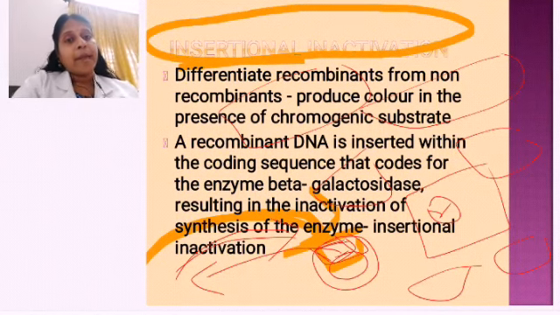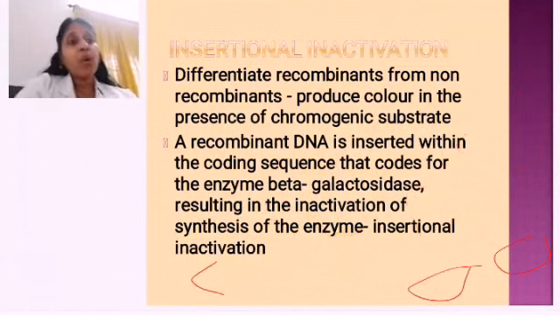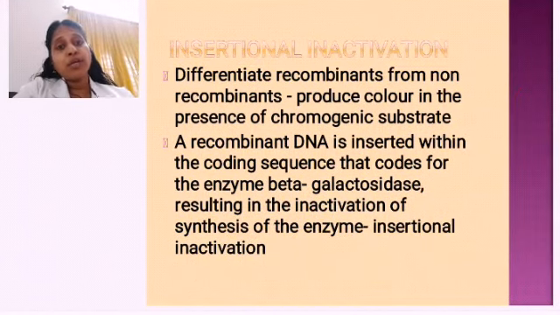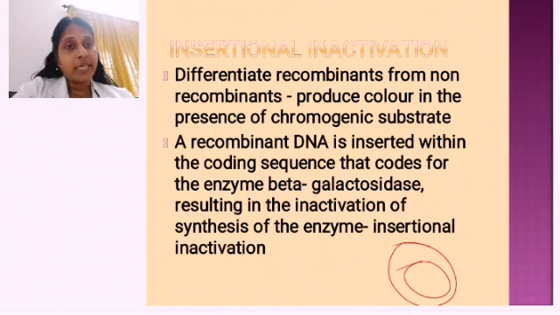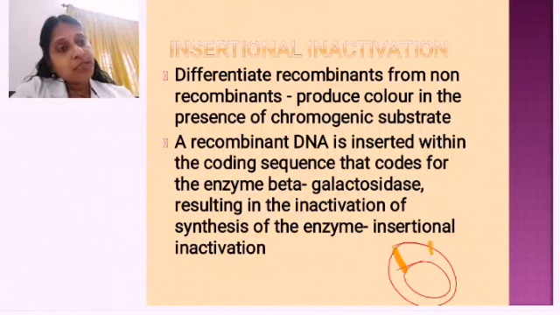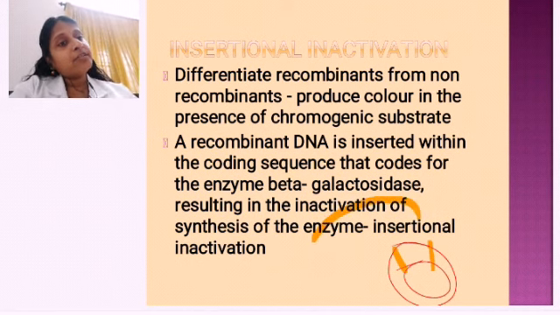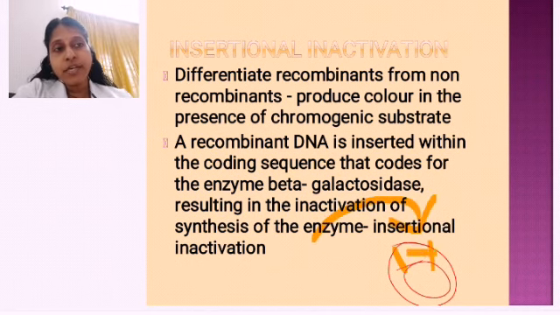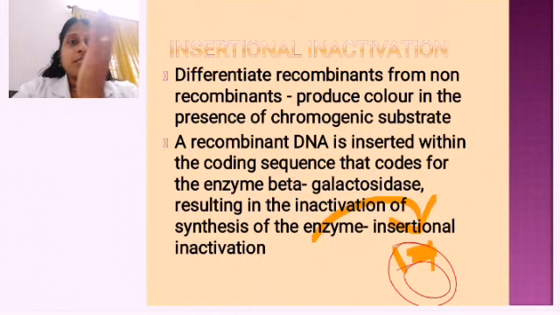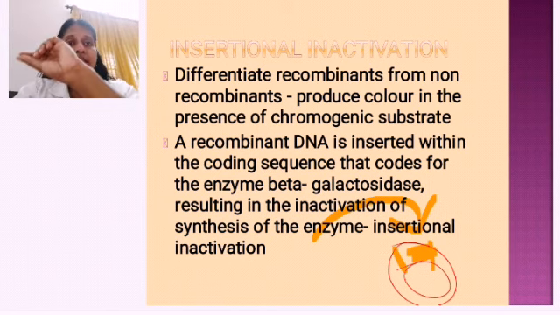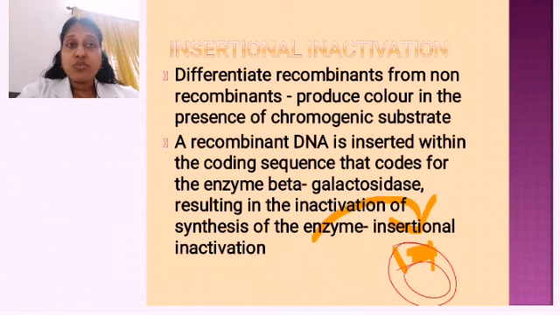Listen very carefully. I am going to insert my foreign DNA into this region, which was coding for beta galactosidase. In that I have introduced my foreign DNA, taking away the beta galactosidase gene. Now if the beta galactosidase gene is taken away and this one is introduced, what happens to beta galactosidase?